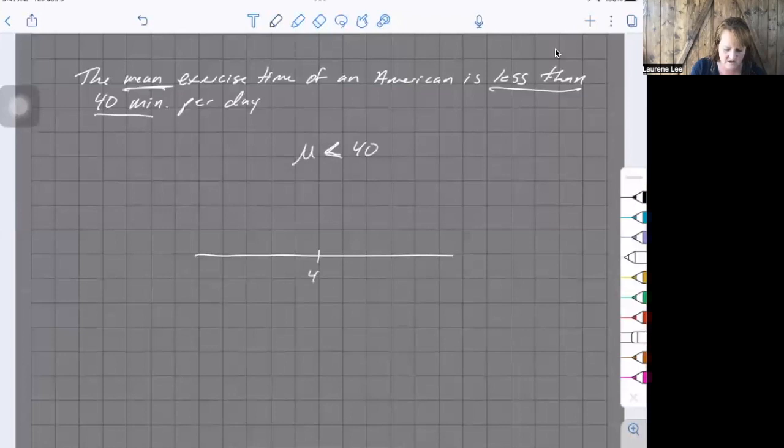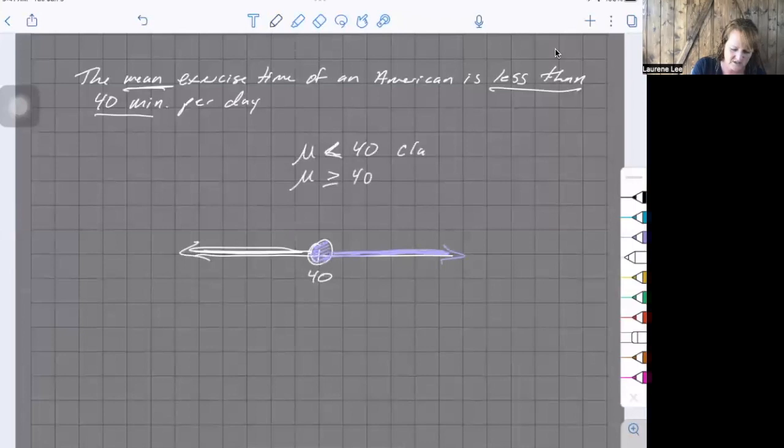Here's 40. I'm less than. That's to the left, but I'm not including 40 this time because there's not a line under the inequality. So it looks like that. So now my counterclaim is going to be the 40 and everything above. That's the complement. So I'm going to say the mean is greater than or equal to 40.